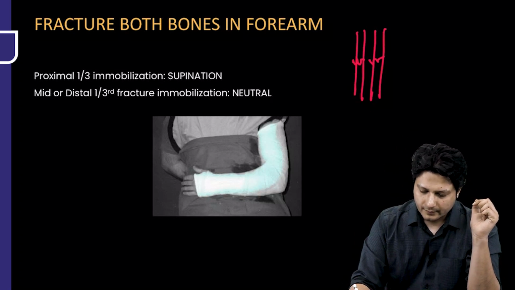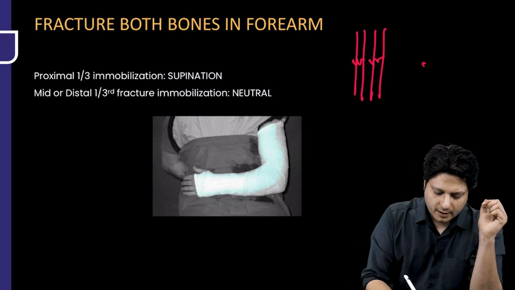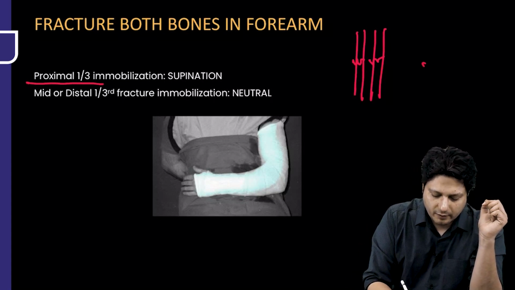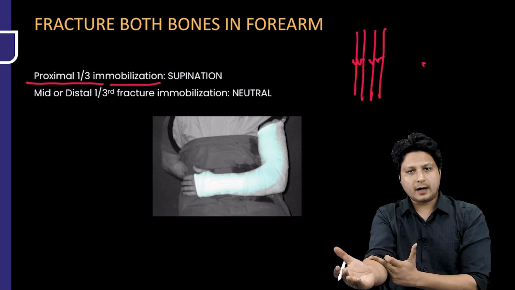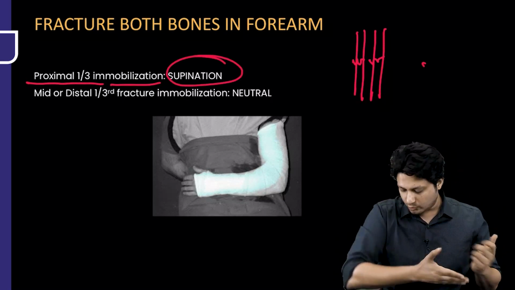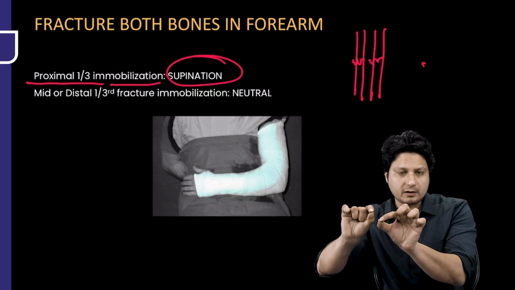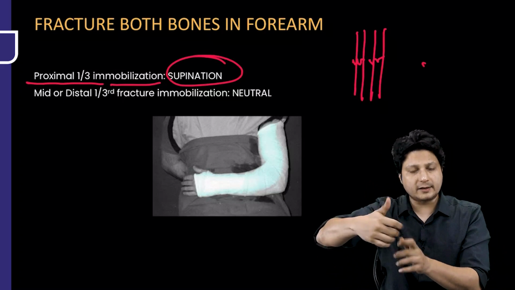If the fracture is in the proximal one-third part, then the immobilization achieved by an above elbow cast has to be in supination. Why? Because it is the supinator muscle which is responsible for supinating the proximal fragment.